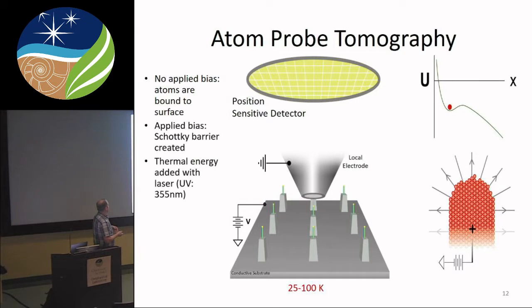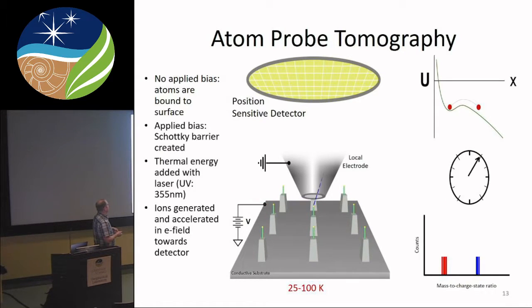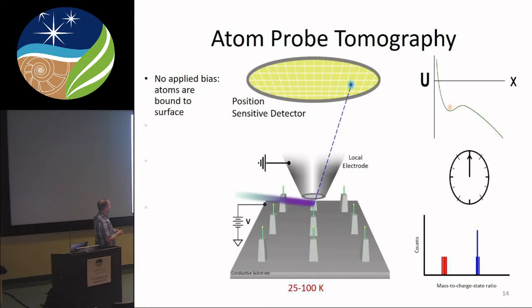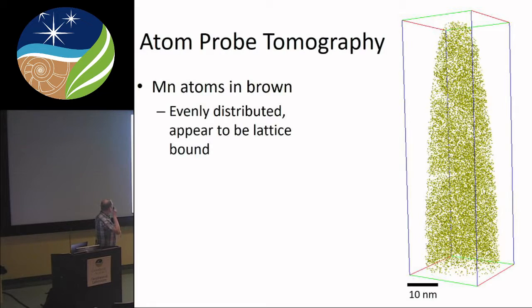Based on the time at which those atoms hit the position-sensitive detector and where they hit the detector, we're able to tell which atom it is and where in that tip it was. So we can do a 3D reconstruction of where the atoms were in that atom probe tip. When we reconstruct this, we can see where the atoms are in that tip.